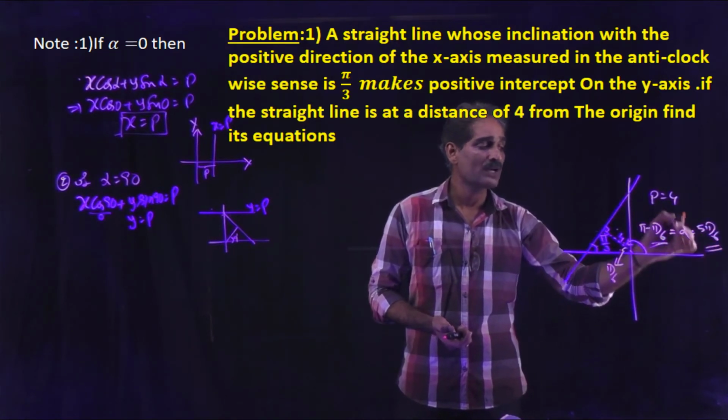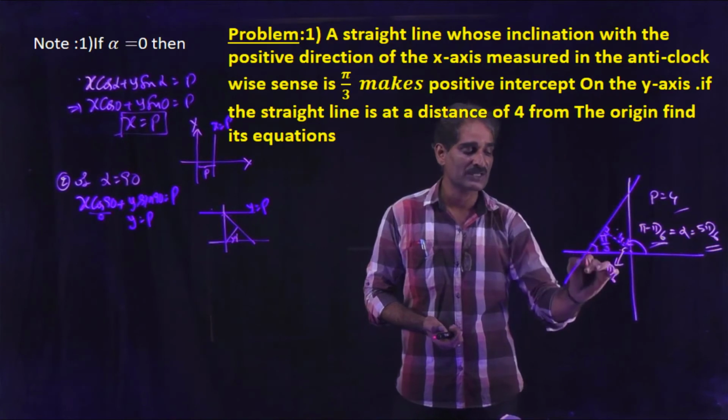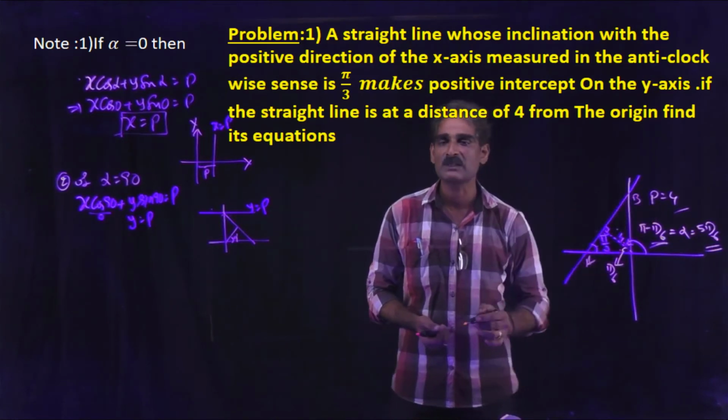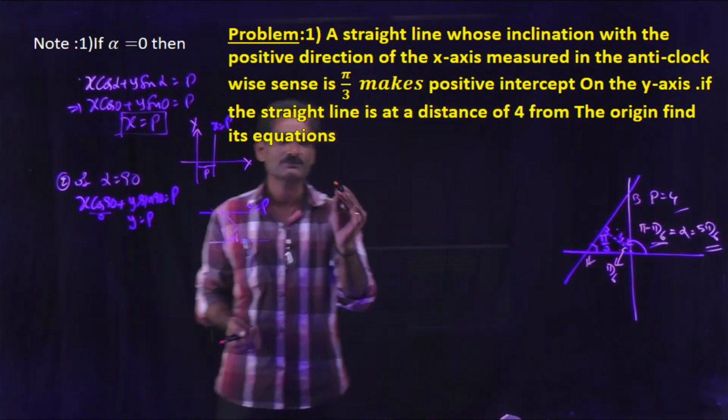So with the help of alpha and p, we can write the equation of this line AB. Understand? Write down the steps.